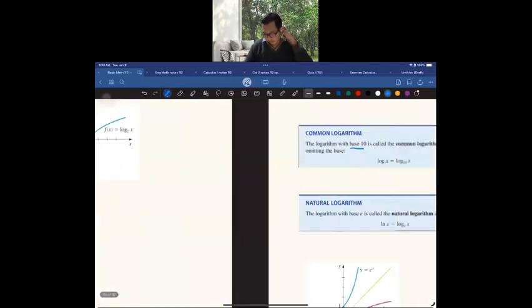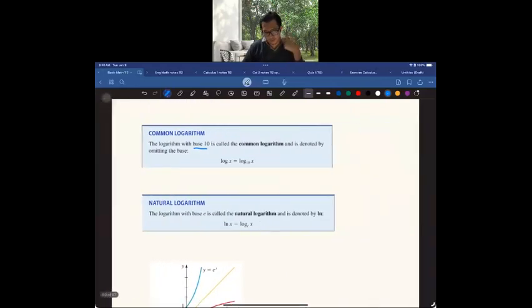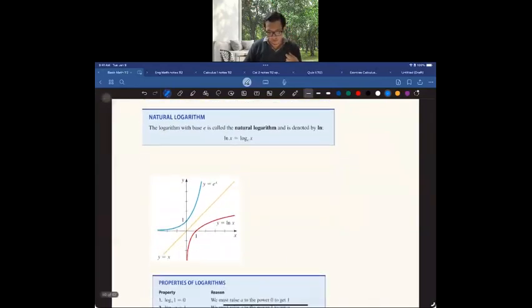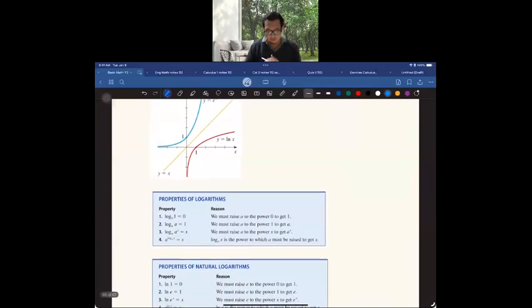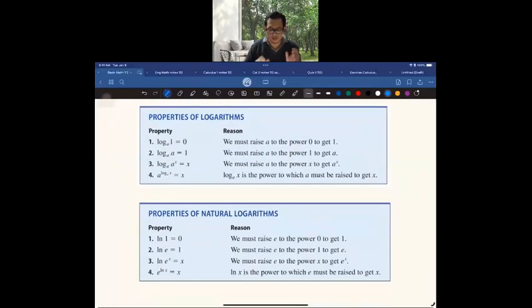Also some simple, essential properties of the logarithm. For the natural logarithm, it is basically the same; the difference is that the natural logarithm is log with base e.